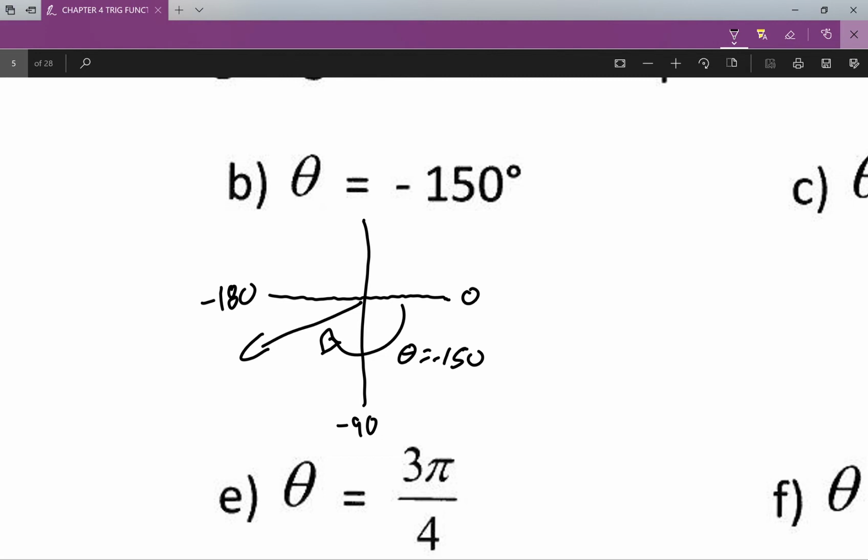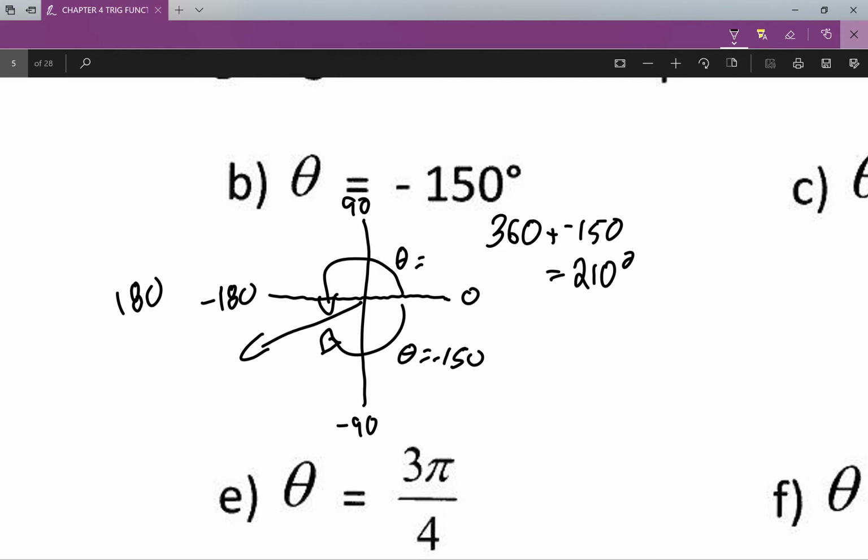Or, since the entire rotation is 360, I could have gone 360 plus negative 150, which would give me 210 degrees, which, if we go 0, 90, 180, we again see matches that angle, and that gives me the same angle of theta equals 210 degrees.